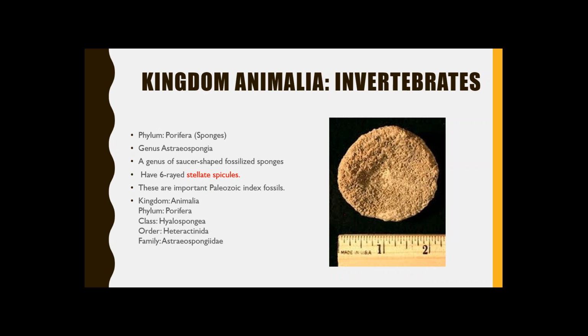So this genus is called Astrospongia, and they have a saucer shape, and it looks similar to what we have today. And one thing I wanted to mention is that this word here, stellate spicules, basically means that if we zoom in really close to this fossil, or to what this sponge looked like, it would have something that's shaped like this.